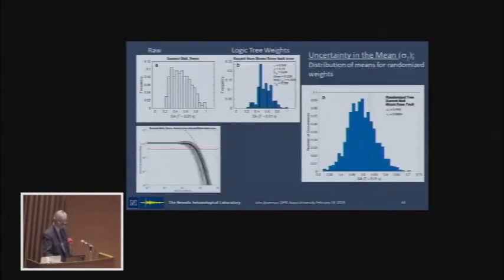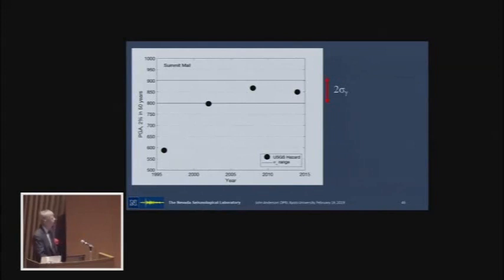I'm going to skip over those in the interest of time, as they're really getting to be details. But perhaps there's a way to define an uncertainty in the mean of the hazard that would answer the question, how much uncertainty should we really be dealing with?